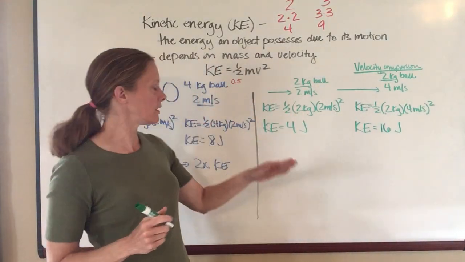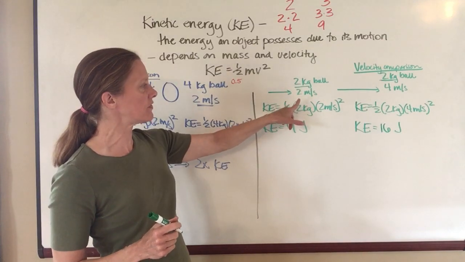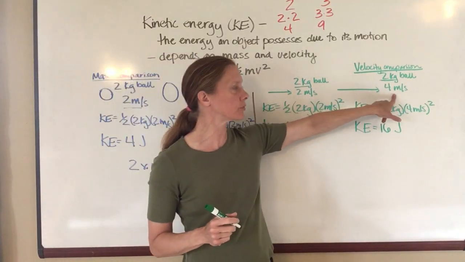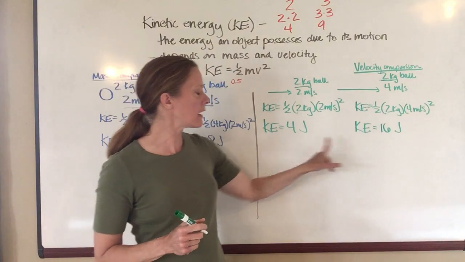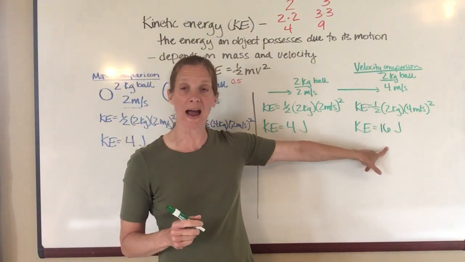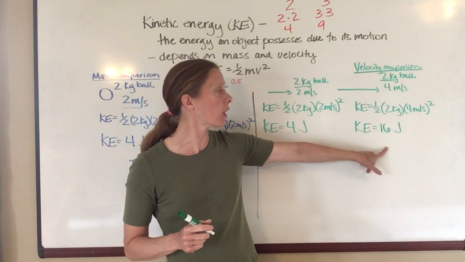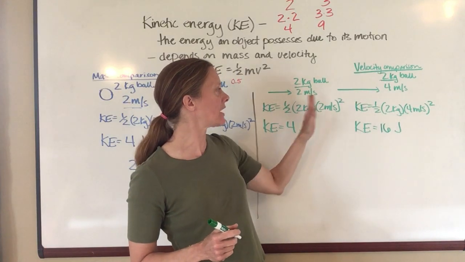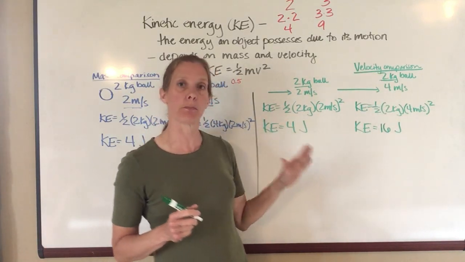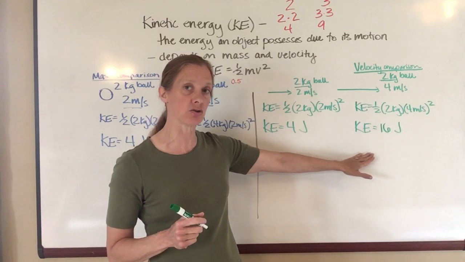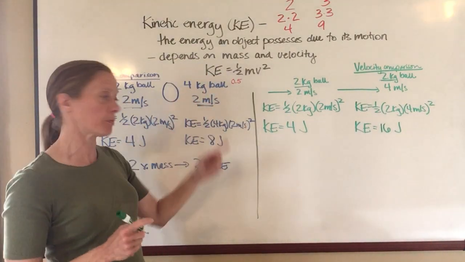You can see that in this case, even though I have doubled my velocity, my kinetic energy has actually gone up by a factor of 4. So doubling my velocity makes a much larger difference in my kinetic energy than when I just doubled my mass.